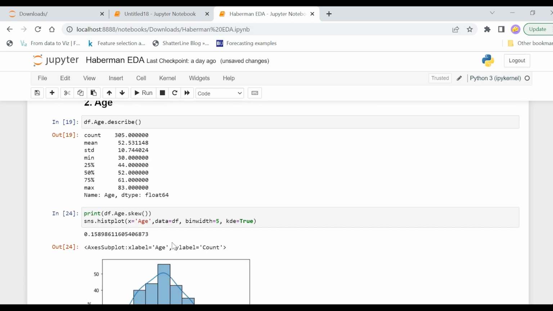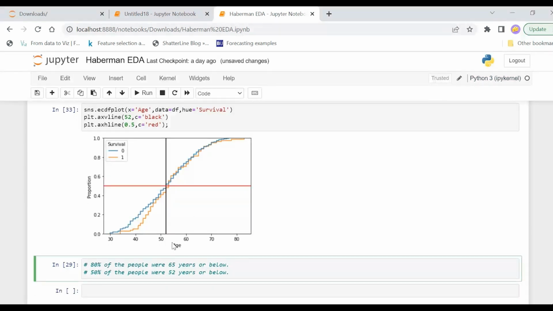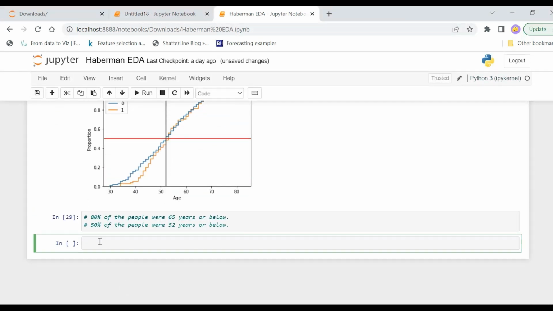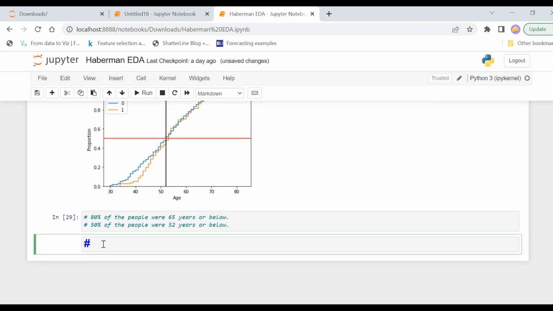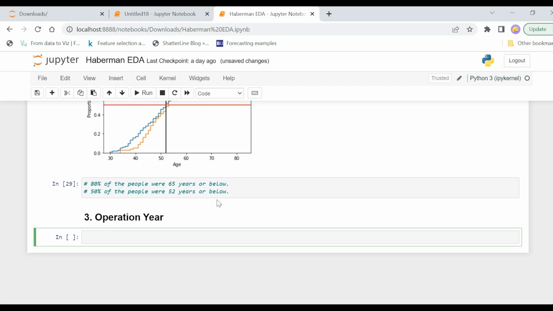of age. Okay, now let us analyze the third feature, which is operation year. Many of the people would think that why is operation year very essential to analyze, because it's just a year. But guys, it is very important, because you should know at what particular time the maximum number of people survived less than 5 years.